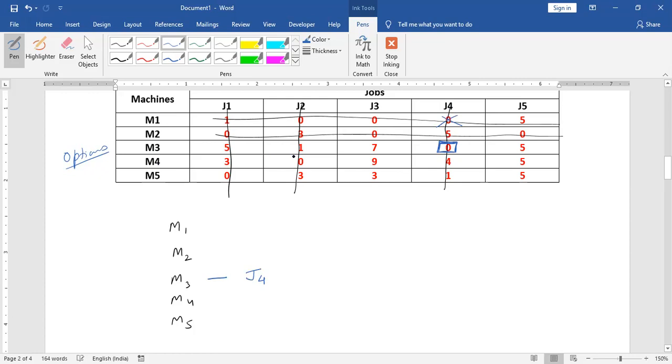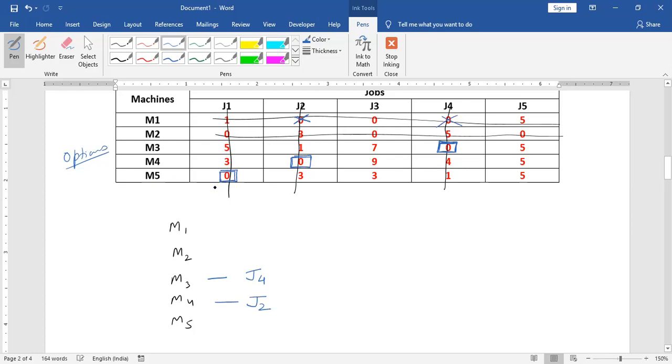Now check M4. How many zeros? One zero. Only one option. You just allot it. That means M4 will get J2. If M4 gets J2, that means J2 will not go to M1. So again, it is cut. M5 has only a single zero.